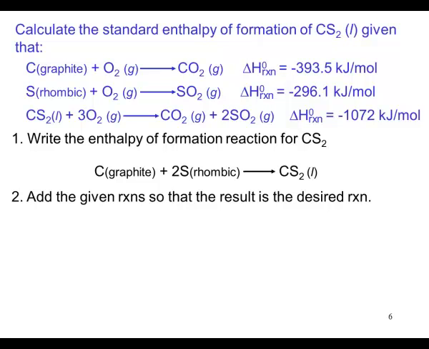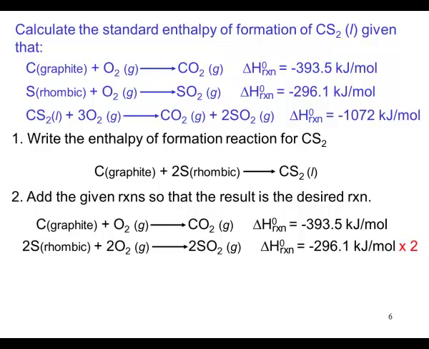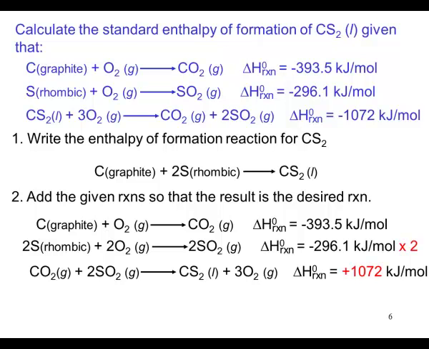Add the given reactions so that the result is the desired reaction. If we take graphite plus oxygen, yielding CO2, if we take sulfur plus oxygen, yielding 2 moles of SO2, since we're doubling everything, we have to double the heat of reaction. And finally, we reverse the last reaction: CO2 plus 2 SO2 yields CS2 plus 3 O2, and this now is a positive 1,072 kilojoules per mole.